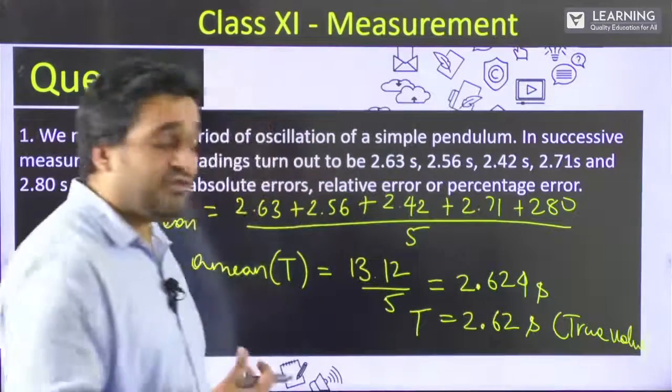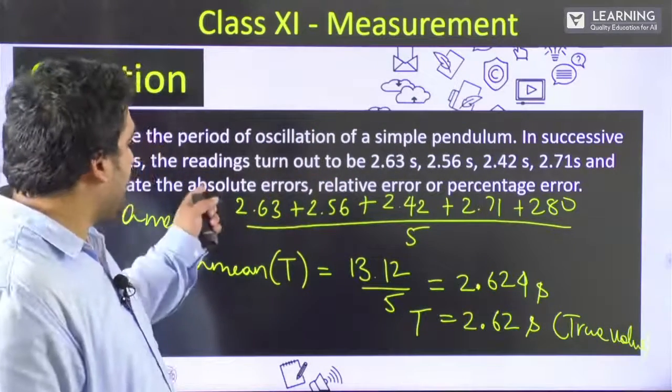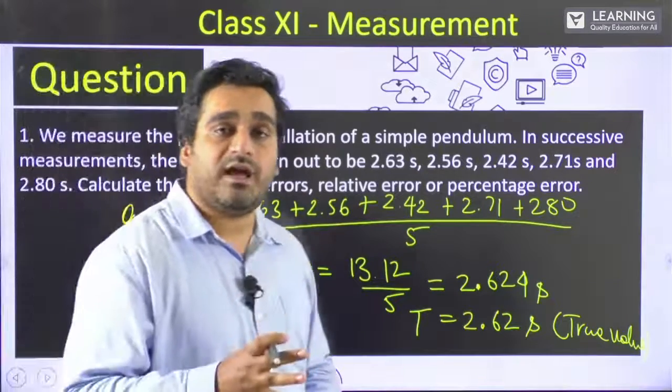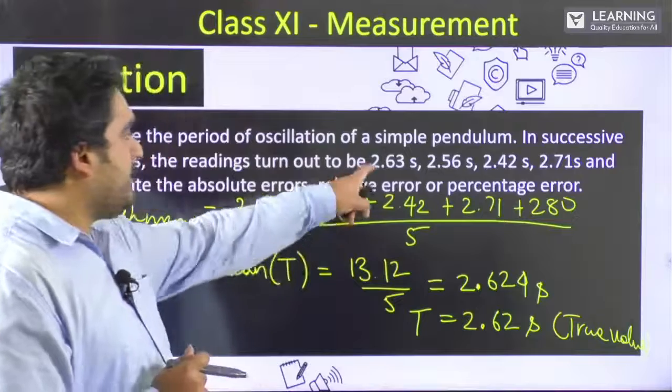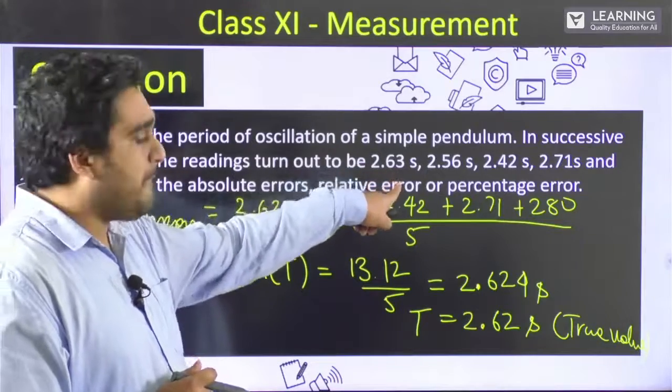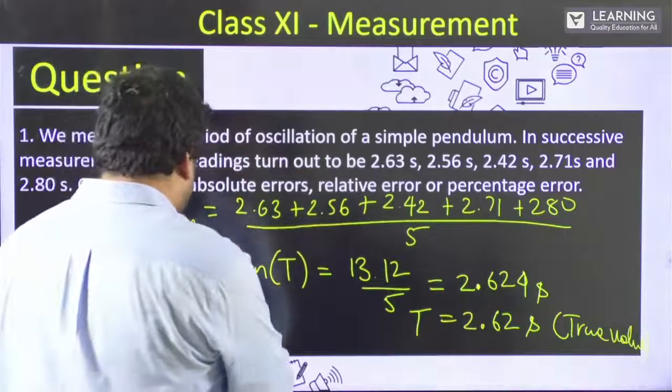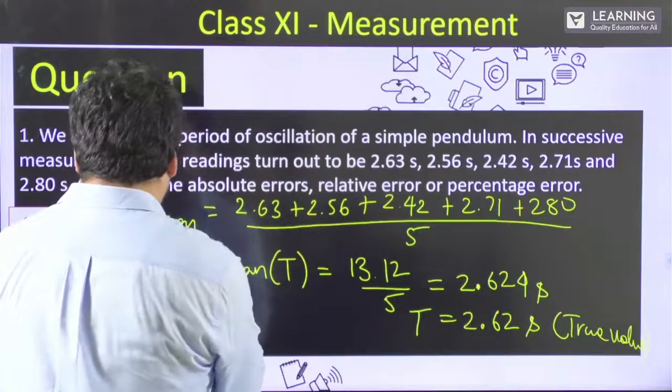Now that we have the true value, we need to find the absolute error. And how would you find an absolute error? The measurement that you make minus the true value. So let's make a note of it here.